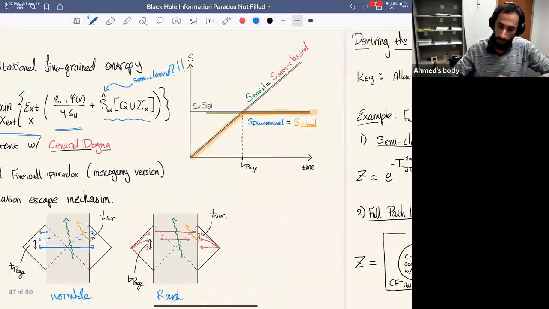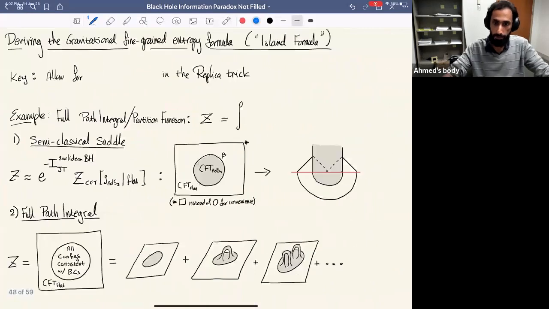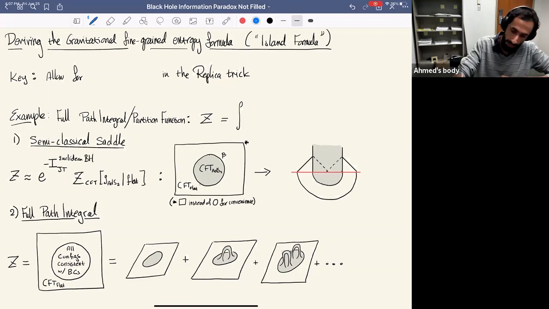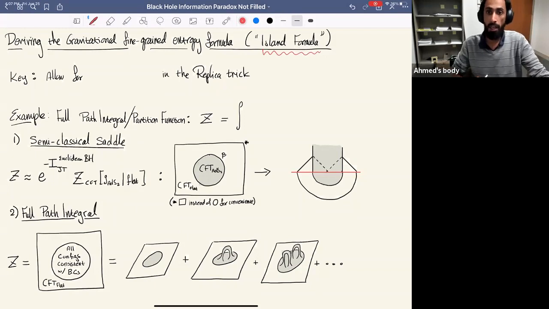Okay, so today's talk will be about deriving this formula from the gravity path integral. I should emphasize, I have not been using this term as much as I should have: this formula sometimes goes by the name of the island formula, for obvious reasons.